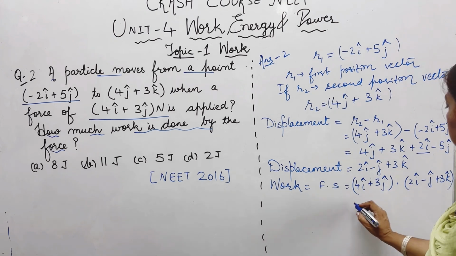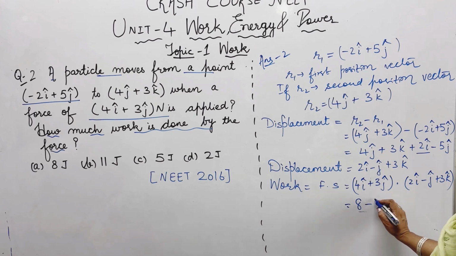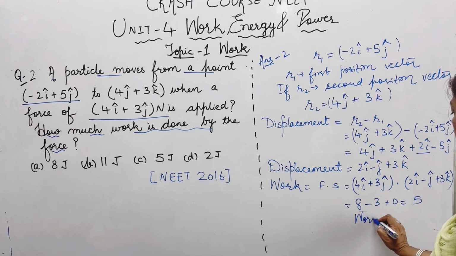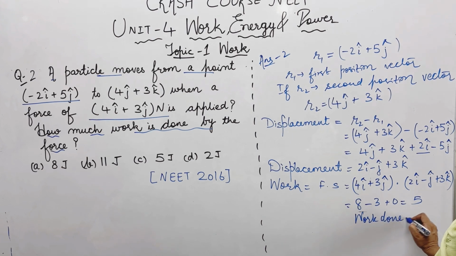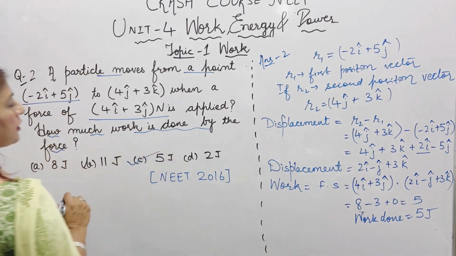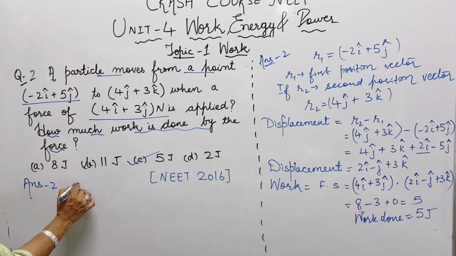I dot I 8, j dot j minus 3, no k dot here, so the value will be 0 and this comes out 5. So work done is equal to 5 joule. Now let us see the options, and it goes with the option number C, 5 joule. So the answer for the second is option number C.